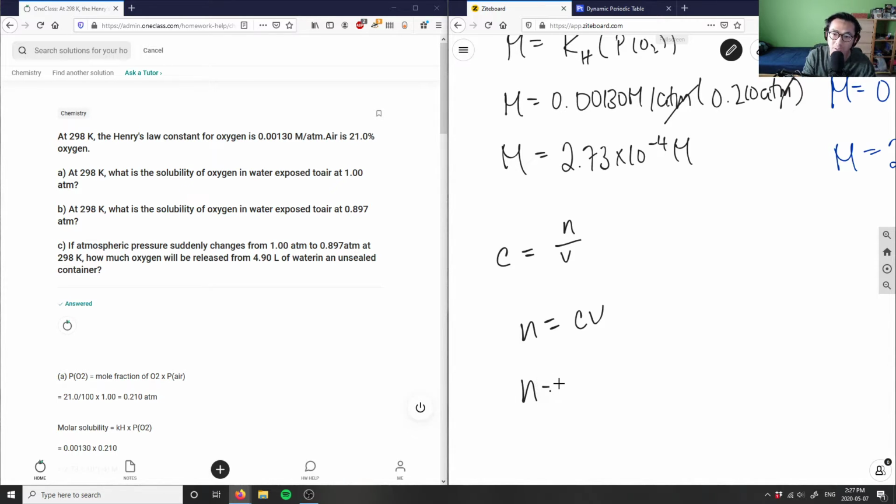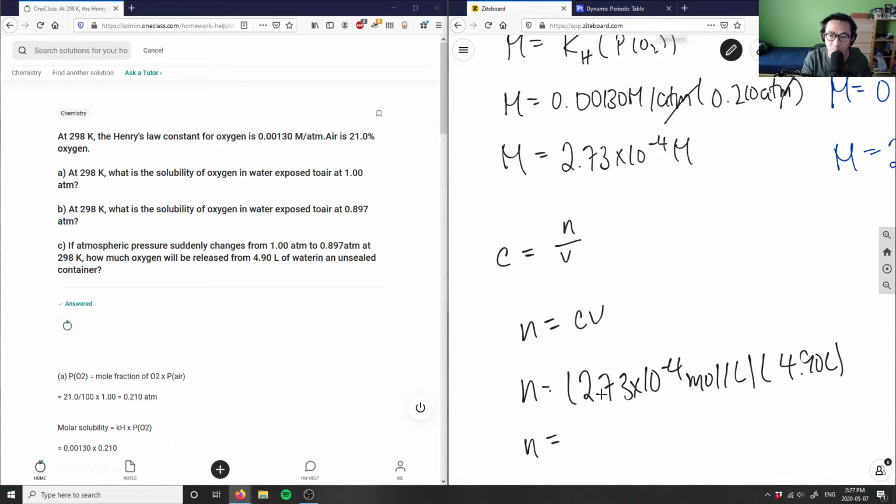The moles here equal the concentration, which is 2.73 times 10 to the negative 4 molarity, times 4.90. Remember, molarity is moles over liters, times 4.90 liters.